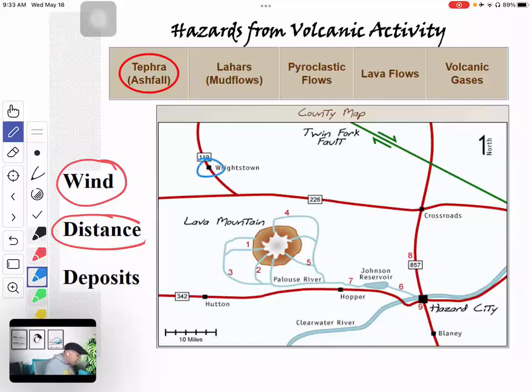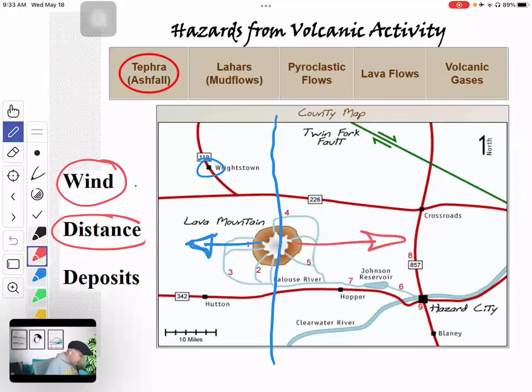You're going to see, in terms of the wind, here is the volcano, and so here is the downwind area, and here is the upwind area. So places that are downwind, like Hutton and Wrightstown, they likely get an assessment of high if you are just considering the wind.